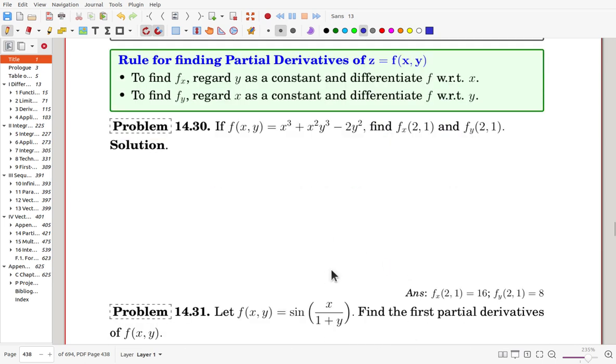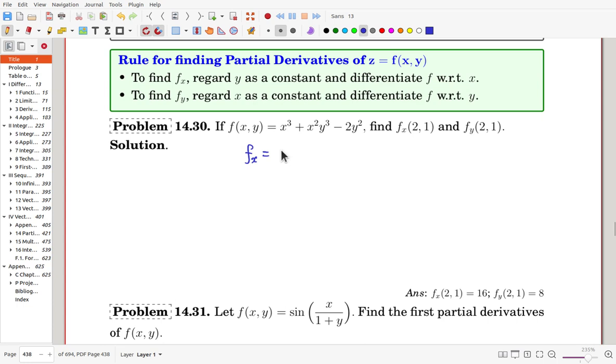Okay, let's try this one. f of x, y is given in this way. Then to find f sub x, we consider y as a constant and differentiate the function with respect to x.